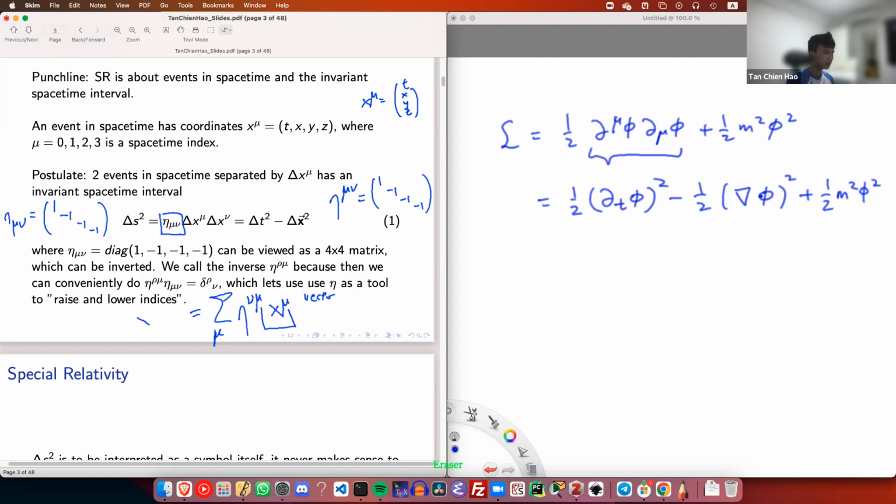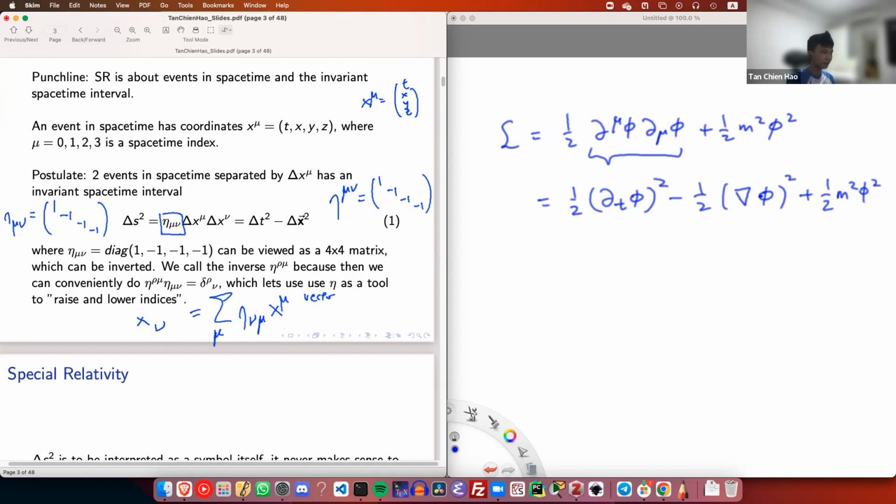Oh, sorry, this is bad. If it's the upper index over here, then to contract it with another index, we need to use the lower index. Then that will give us x of mu.